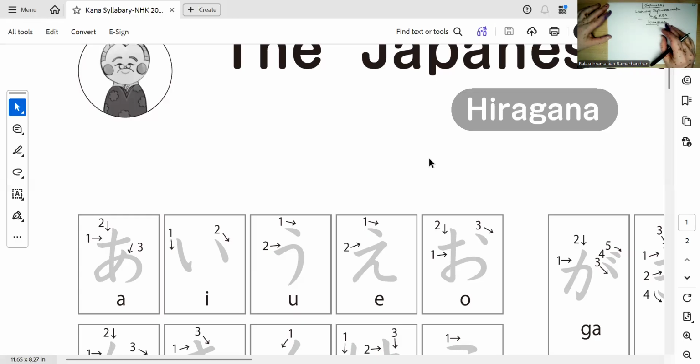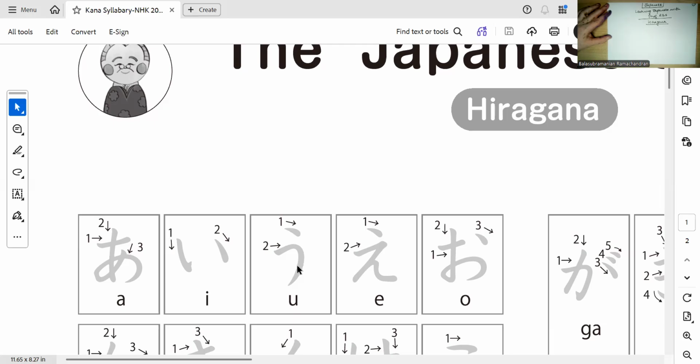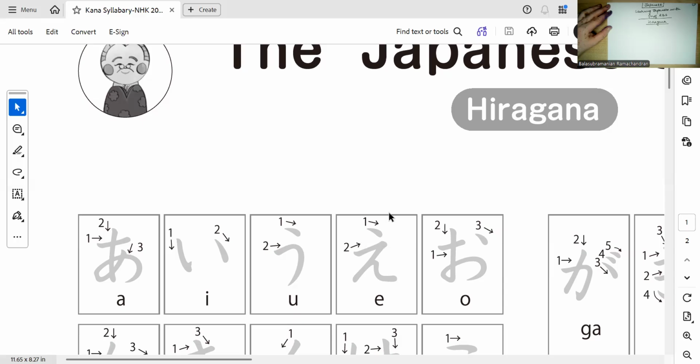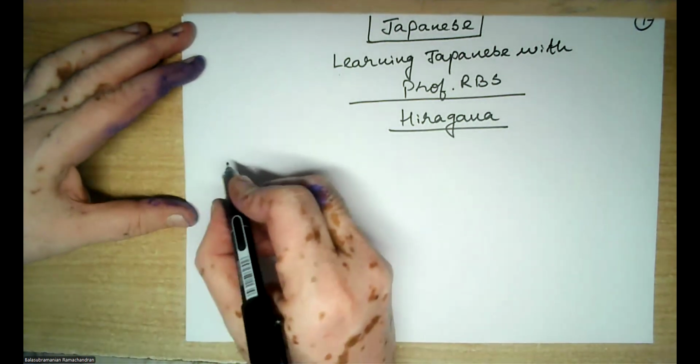So we have here the first five letters: A, I, U, E, and O. I repeat: A, I, U, E, O. Follow the cursor, and if you follow the cursor, you'll know what exactly I'm telling. We'll start with the practice of these five letters.